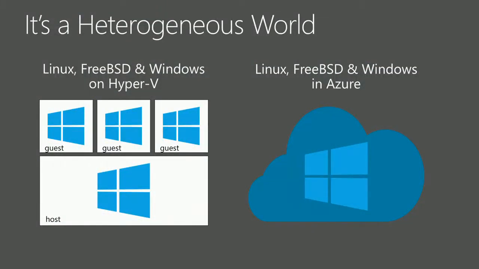It's a heterogeneous environment. Whether it's on-premise, maybe you're running a Windows host, but you have different varieties of clients running different versions of Linux or FreeBSD and Windows in your on-premise environment. And the same thing holds true for public cloud.